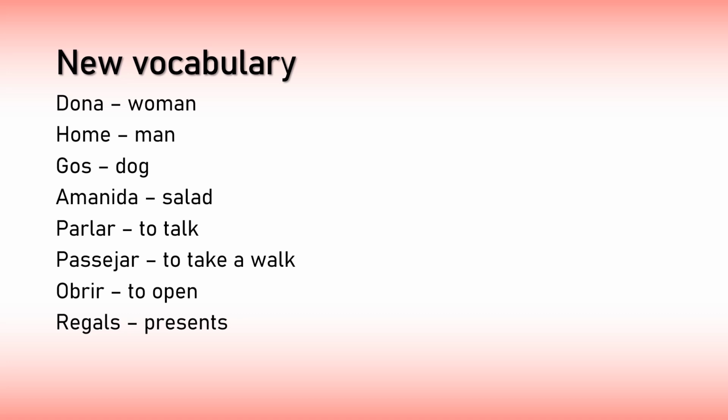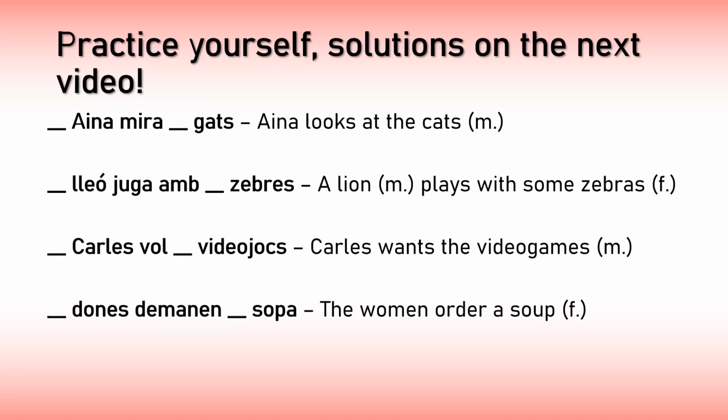And this is the best part for many if you like homework. These are some examples that you can fill. I will give you the solutions in the next video so that you know if you're right or not. However, you can ask me before, or you can ask me any doubts, or maybe you want some more examples. I can give you more examples. You just have to fill the blanks with the right article.